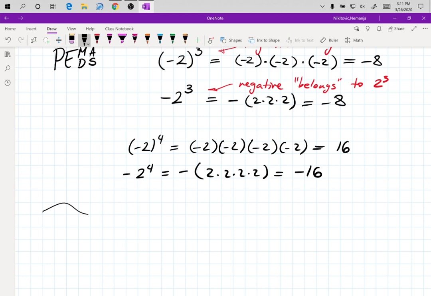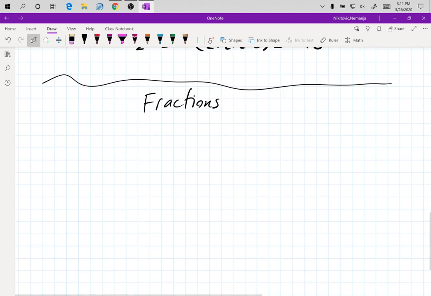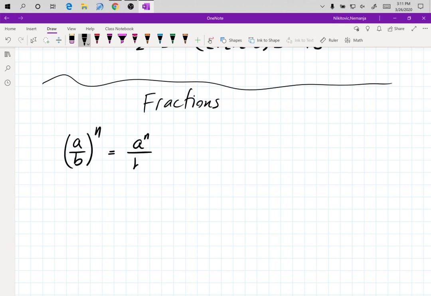So let's talk about fractions. And then we have all of the examples that they give us for homework. So if you have a fraction a over b raised to some power n, you will raise each one of the numbers independently. That's the way it's done.